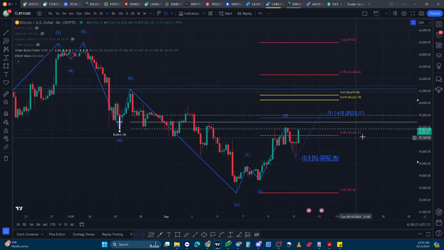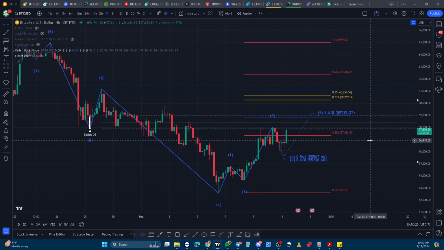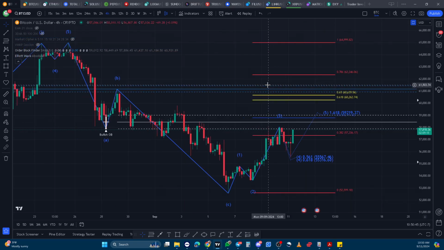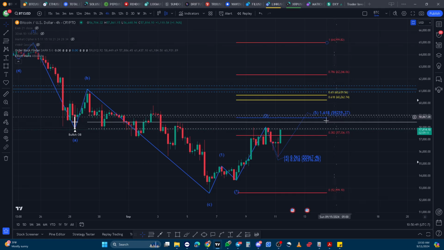So on the 4-hour, it's actually not showing the smaller projection, the 70% projection for the copy of wave 3 being wave 5. It's not showing the lower projection. So if wave 5 is equal to wave 3, then it's expecting to see 59K before we move up higher.